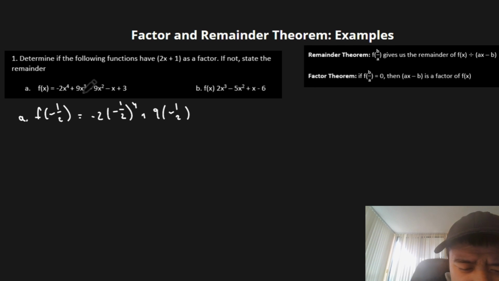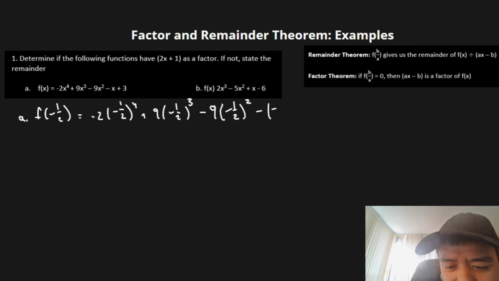Substituting negative 1 over 2, we get the cubed term, minus 9 times negative 1 over 2 squared, minus negative 1 over 2, plus 3.